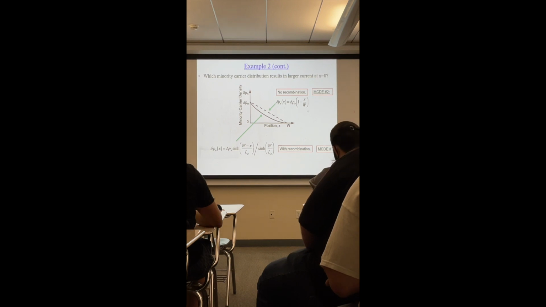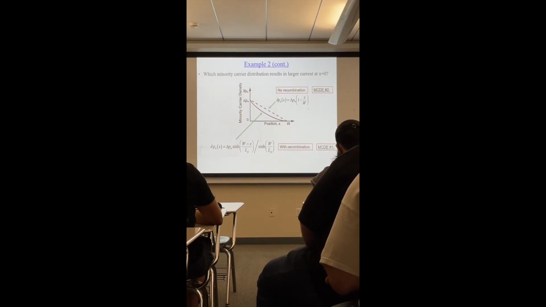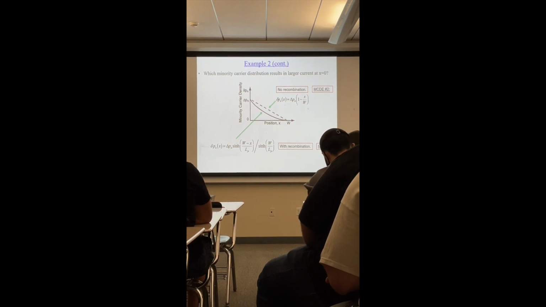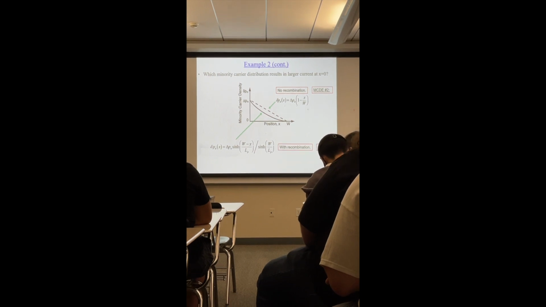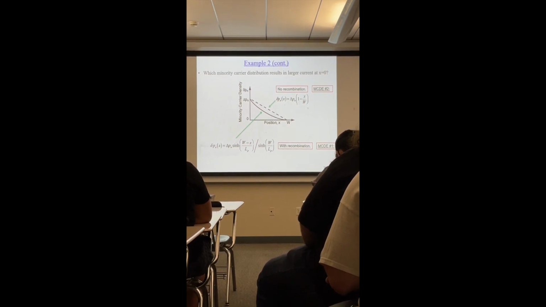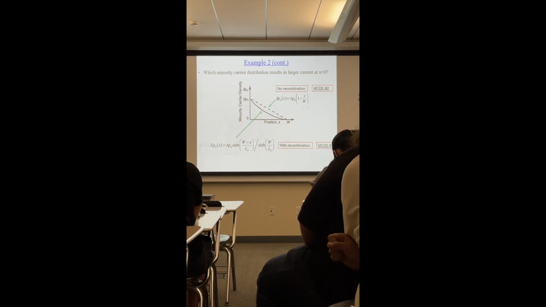So now my question is: which minority carrier distribution results in a larger current at x equal to 0? The solid or the dashed line?